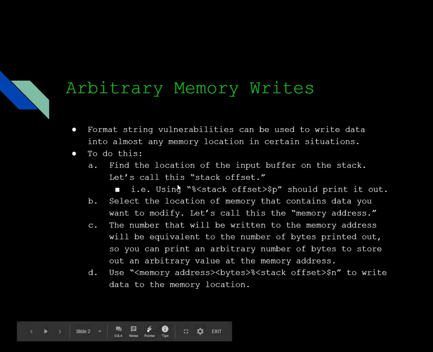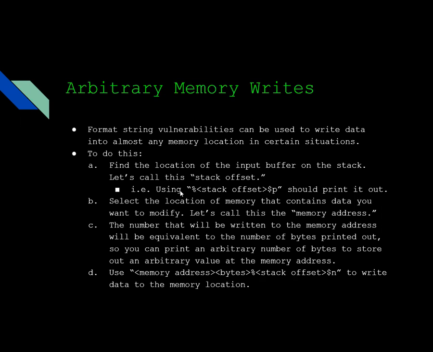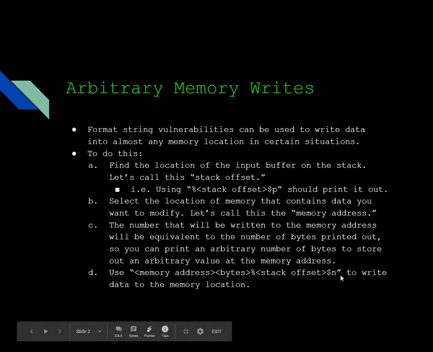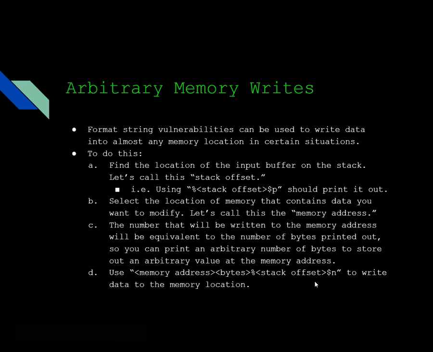And then right in between the memory address and the format string, we are going to write an arbitrary number of bytes so that we can write that many bytes to the memory location. If you recall, the %n format specifier uses an integer pointer from the stack, and in that integer pointer, it's going to write out the number of bytes that have been written out to the standard output.